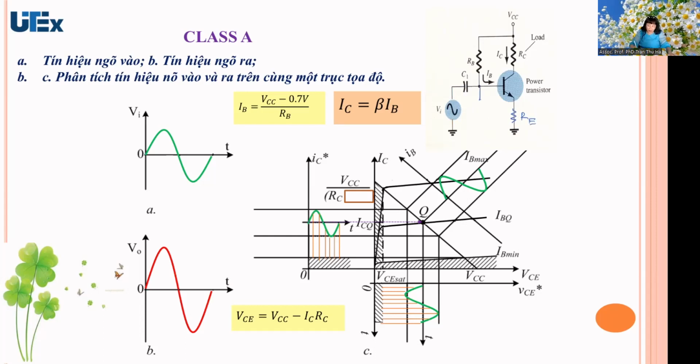And sometimes this is a divider circuit. This is no problem. Given the circuit, please determine the output waveform. If we know this circuit is working in class A, you make the normal system.